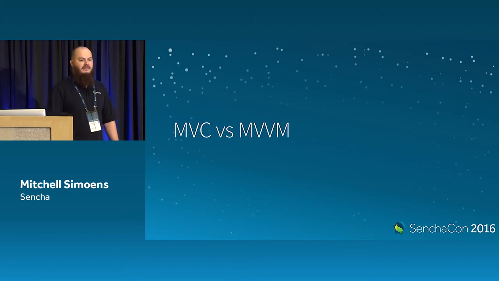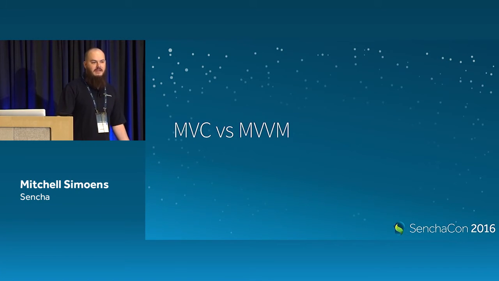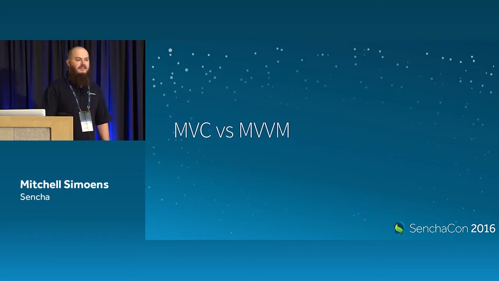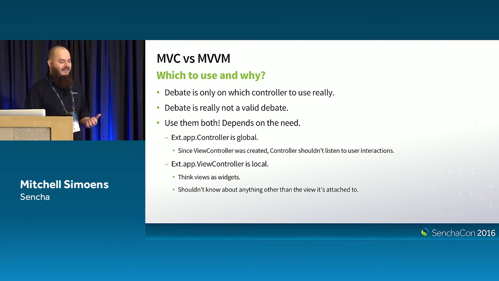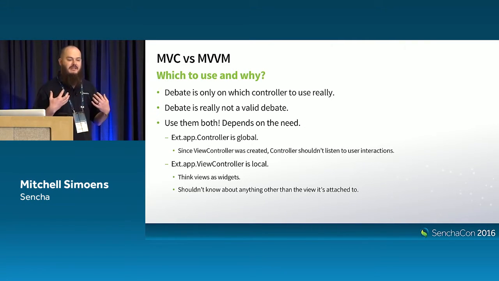One question I get is, should I use MVC or MVVM? And this question really, the world is not black and white. It's not either or. So when I get asked, should I use MVC or MVVM, I return a question: it depends, what's your use case right now? The debate on which one to use is really an invalid debate in my opinion.